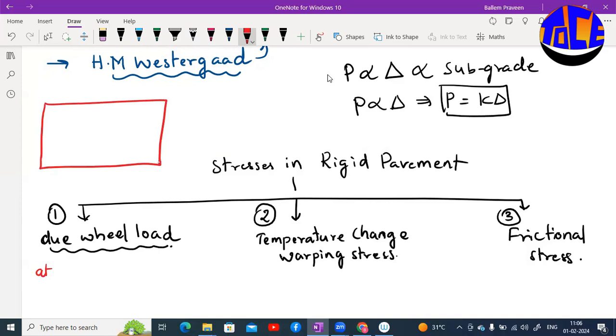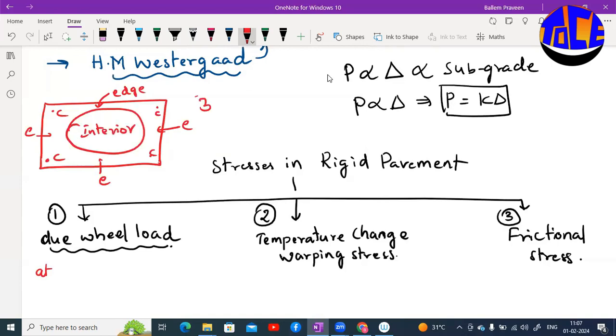If this is a rigid pavement, these are the edges, and these are the corners, and this is the interior part. That means at three different portions, the stress equations are provided by Westergaard: edge, interior, and corner.